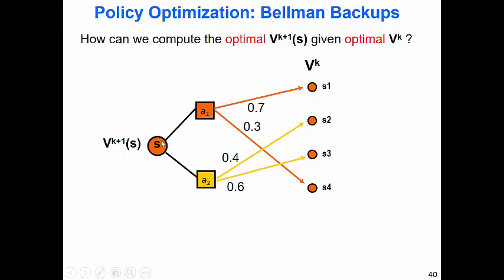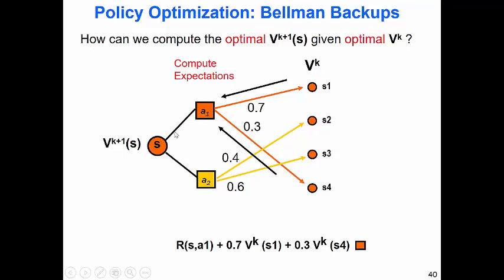That would be the immediate reward for taking action A1 plus the expected cumulative reward after you take A1. And that's going to be the expectation of V_k for the states you end up in. In this case, we're going to have 0.7 times V_k(S1) plus 0.3 times V_k(S4). And then you add on the reward.